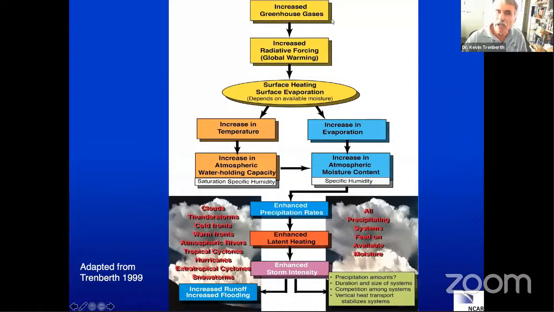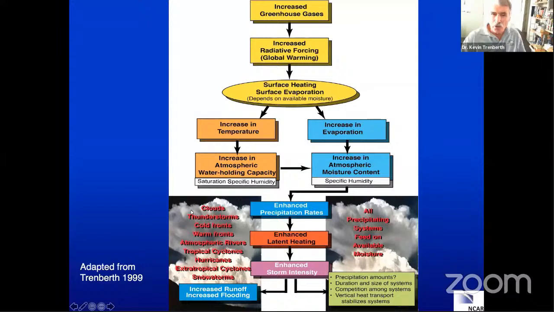And so this is a summary of the overall changes that go on. We have increases in greenhouse gases with climate change. That increases the radiative forcing, as it's called. This is really the global warming, increased heating, if you like. That heating goes into increasing temperature on the one hand, but also increases in evaporation. The increase in temperature increased the water holding capacity of the atmosphere, and the increase in evaporation increased the moisture content.